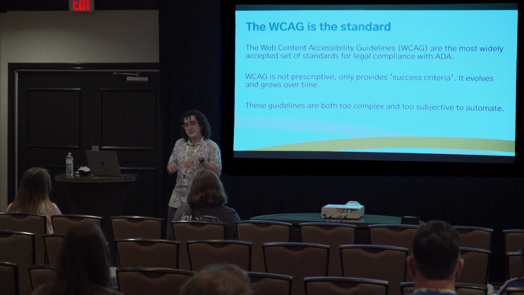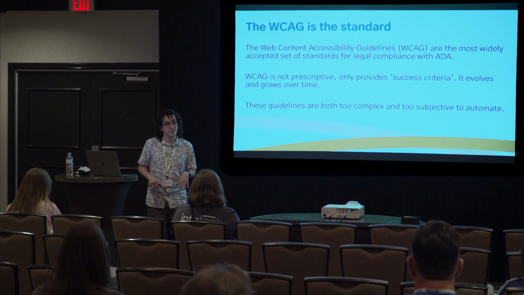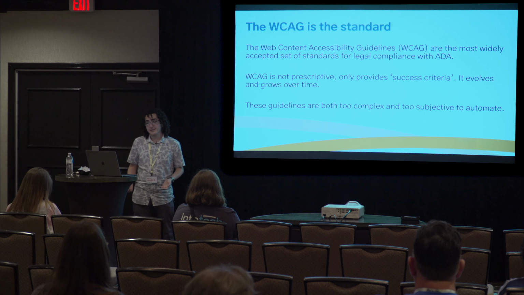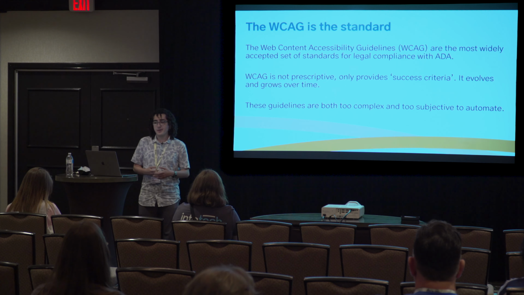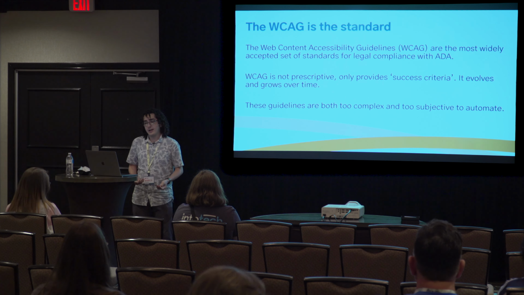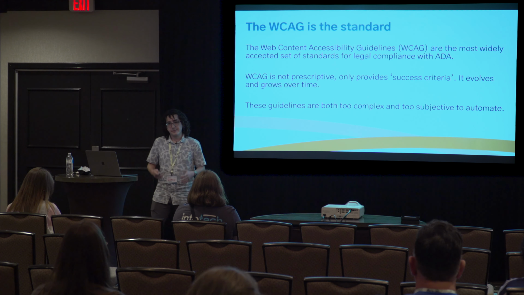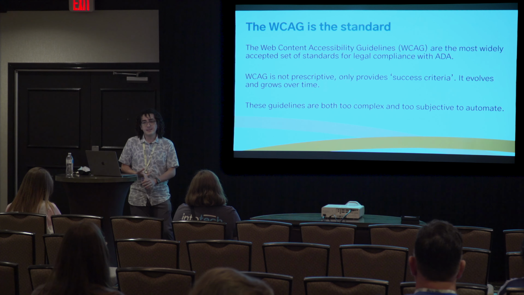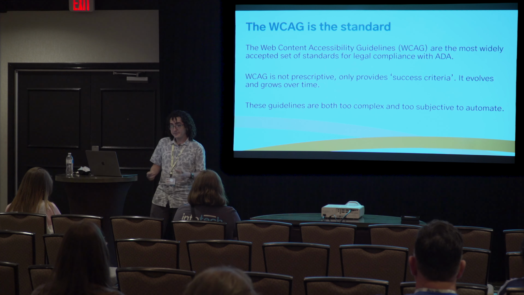So it's hard to nail down the specifics of how to meet these success criteria, and even the experts often disagree about how precisely to do that. The guidelines are about 35 pages long. It's a very technical document, but thankfully they have lots of supplementary documents: how to meet WCAG, how to understand it, some techniques and failures, right?